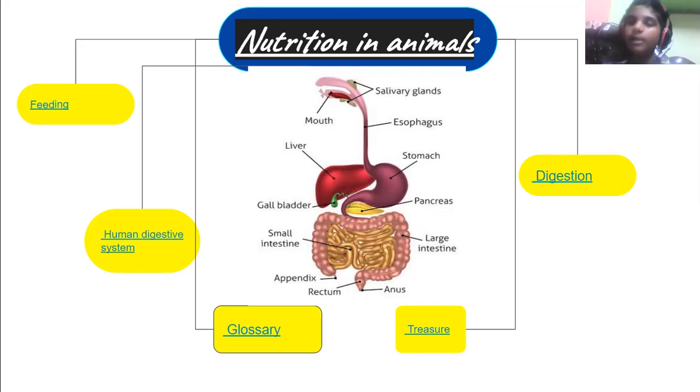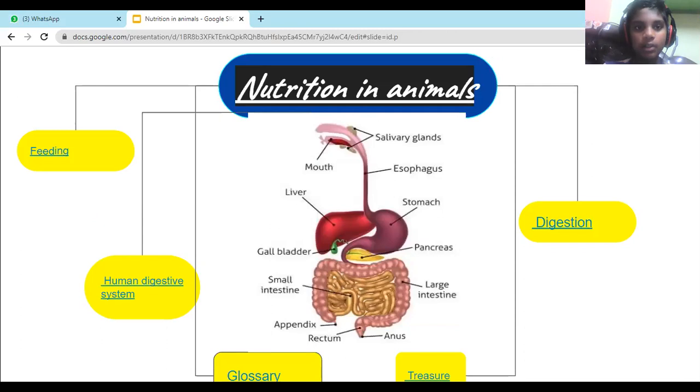It is about 7 meters long or 22 feet long, and the large intestine is about 1.5 meters long or about 5 feet.